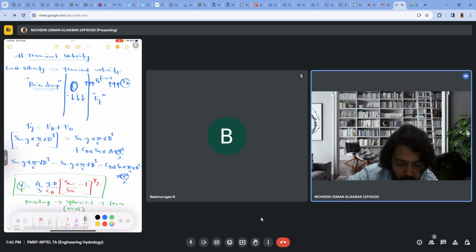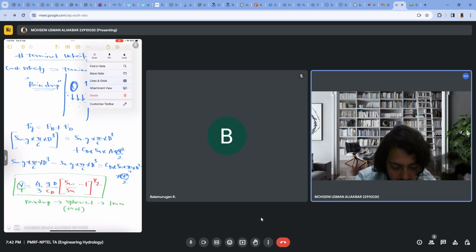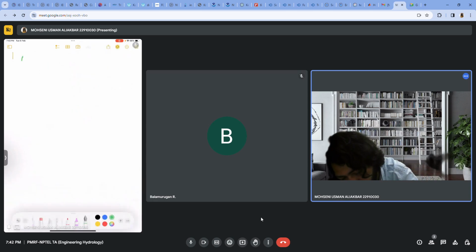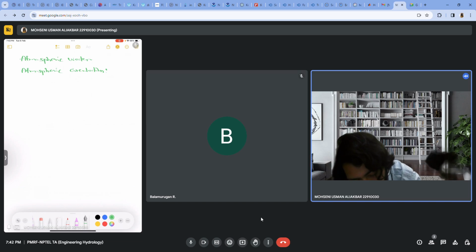So what we have covered till now is atmospheric water. What is atmospheric water? Then we have studied the process called atmospheric circulation, which tells us about how the water is circulating in the atmosphere. Then we talked about specific humidity.